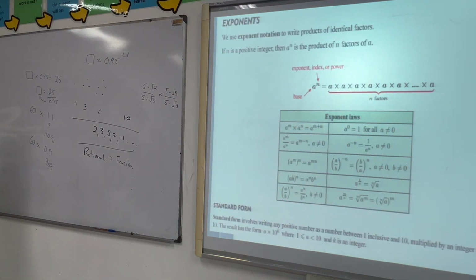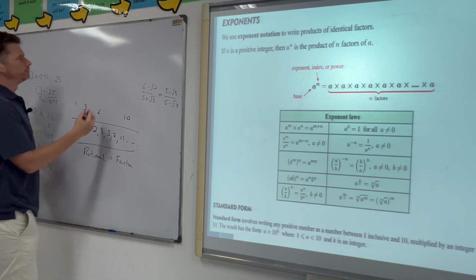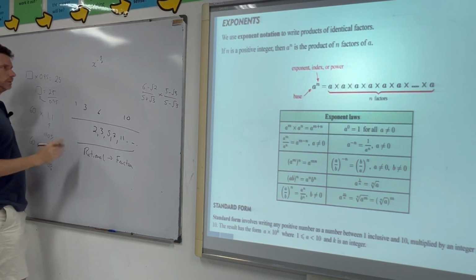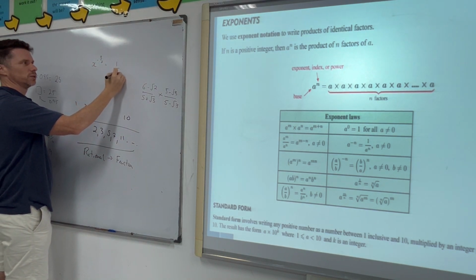And what else? The rules of exponents and laws of indices. Some of the ones that we're maybe not wonderful at are when we have a negative, or a fraction involved. So if I have x to the power of negative 3 over 2, that can be rewritten as 1 over x to the 3 over 2.